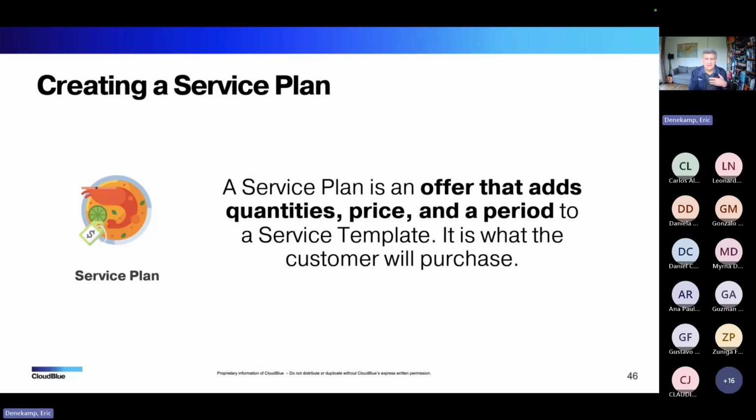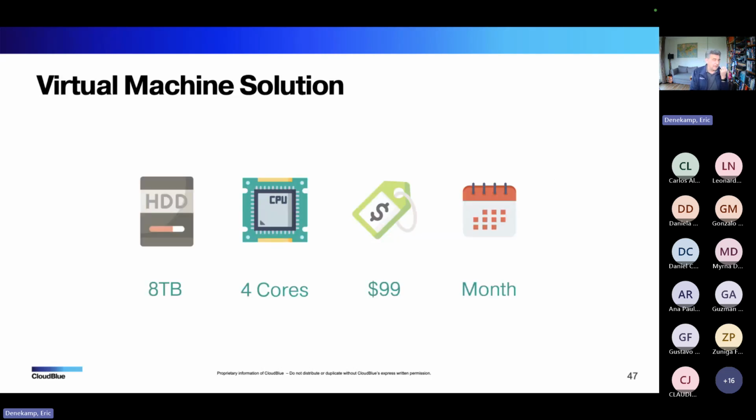So in our case, again, with that virtual machine solution, we are talking about 8 terabytes of storage, 4 cores of CPU, where the customer pays $99 for a month. In this case, since it's not a one-off payment, but it's a subscription, of course, the billing period and the subscription period are also vital scenarios that you need to define.